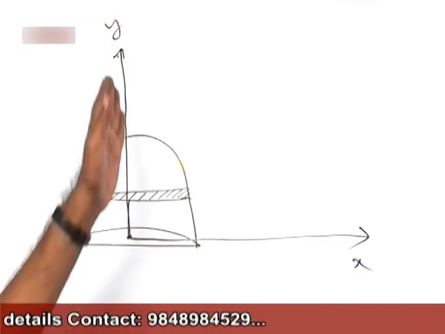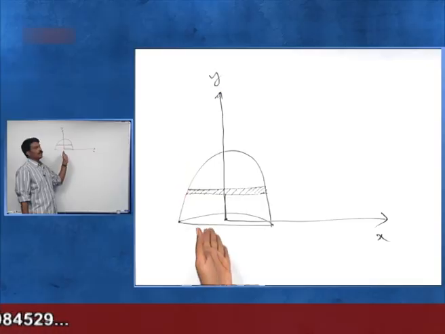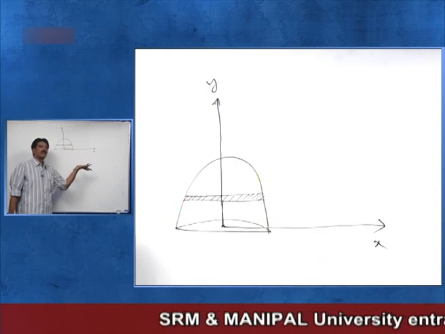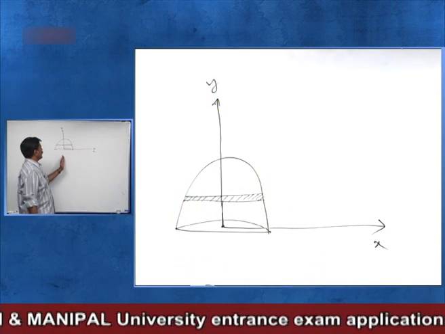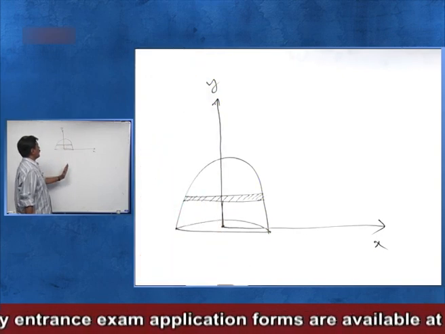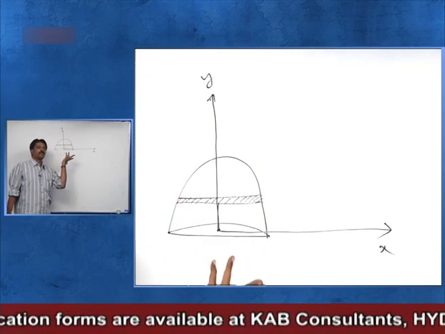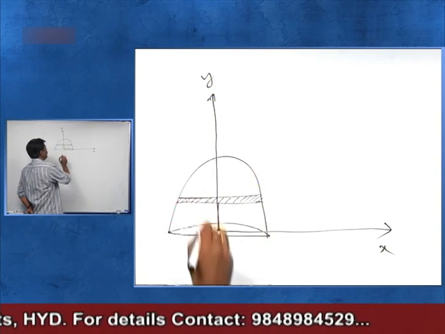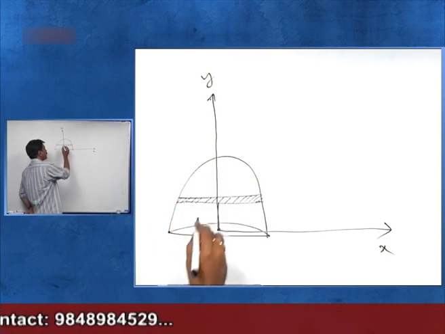The axis of symmetry for the hemisphere is the y axis. So automatically the x coordinate will be 0 and the z coordinate will be 0, because the center of mass will lie on the y axis. The only thing you have to find is the y coordinate.